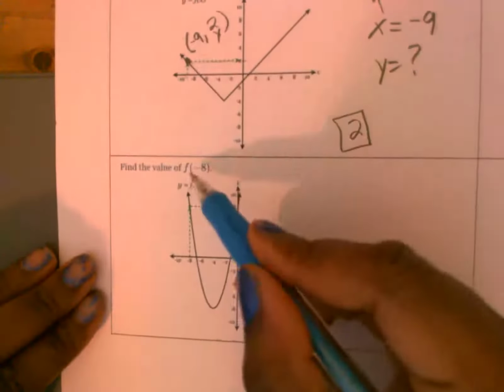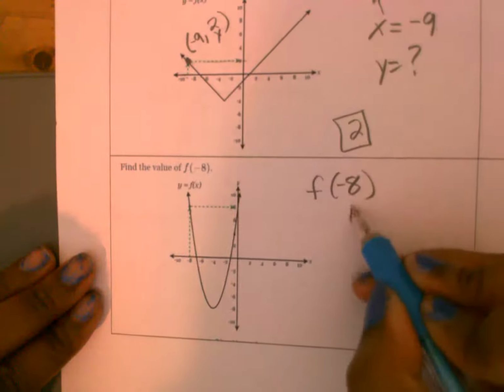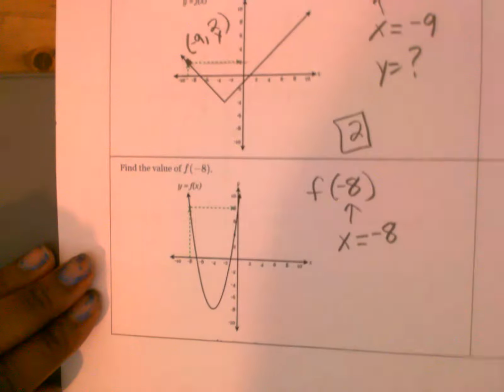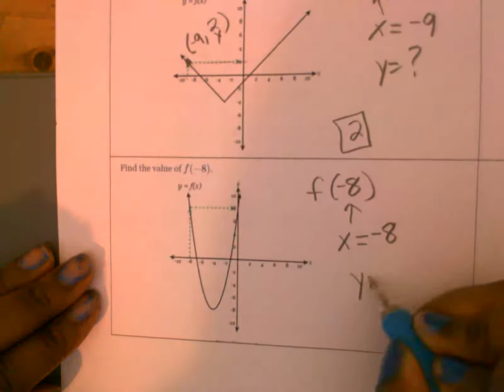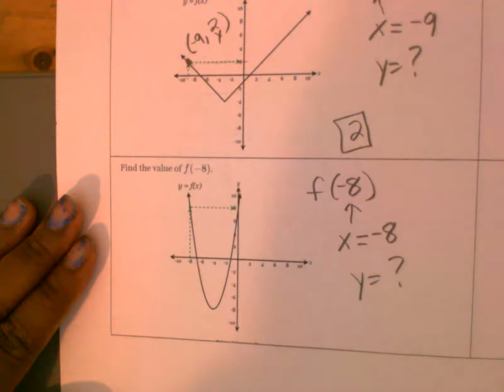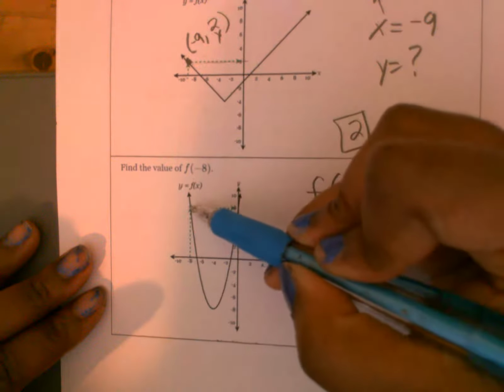All right? You're doing the same thing for this one, f of -8. So they're telling you that x is equal to -8. If they give you x, they want you to find y. So find -8 on the x-axis and go up to the line.